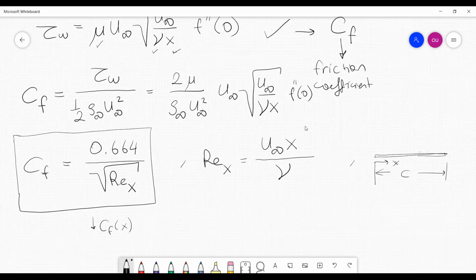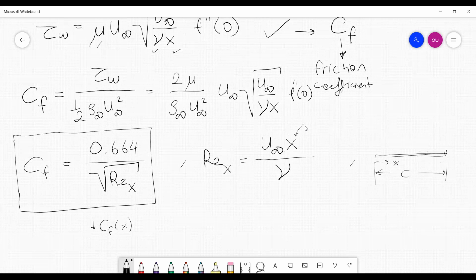And if you integrate it with x from 0 to C, that is going to be your drag coefficient. And what will be the value, for example, of the friction coefficient at the trailing edge? You just need to insert C here in terms of x, the chord length, and then calculate this, and from Blasius's boundary layer solution theory, you directly get a CF value at the trailing edge of your flat plate.